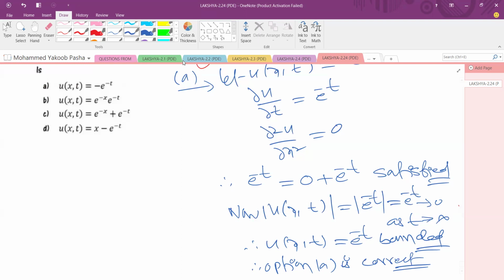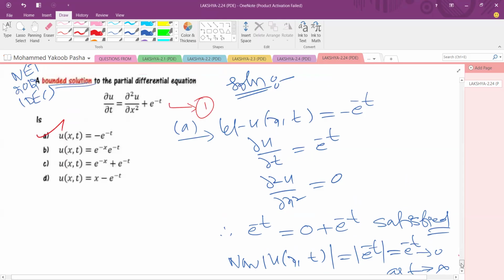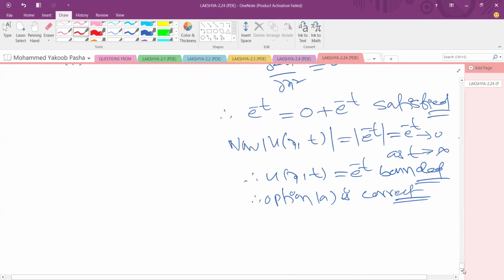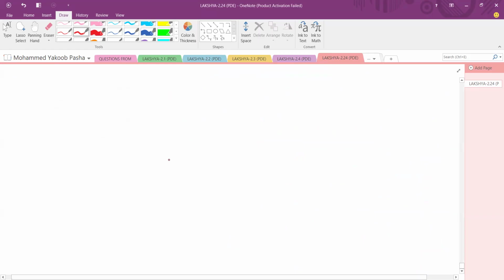Next, let's see option B. Option A, I am putting a tick mark. Option B is u of x comma t is equal to e power minus x into e power minus t. We have to see whether this is satisfied or not. First I am taking u of x comma t is equal to e power minus x into e power minus t.